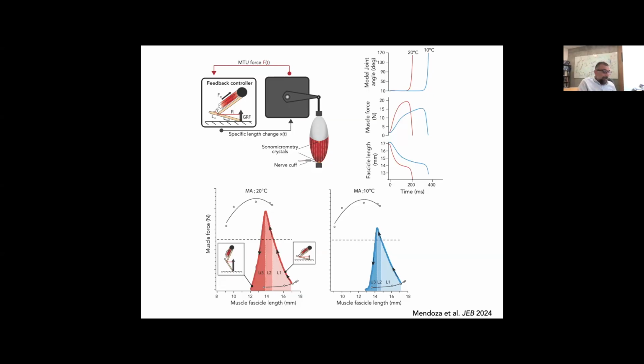Stores a good amount of energy in that first phase, which is pre-threshold. Then it overshoots the threshold in phase 2, and then it continues to shorten during phase 3, which is when the tendon is also recoiling. So in the first part, we have the muscle loading the tendon. Actually, in the first two parts, we have the muscle loading the tendon.